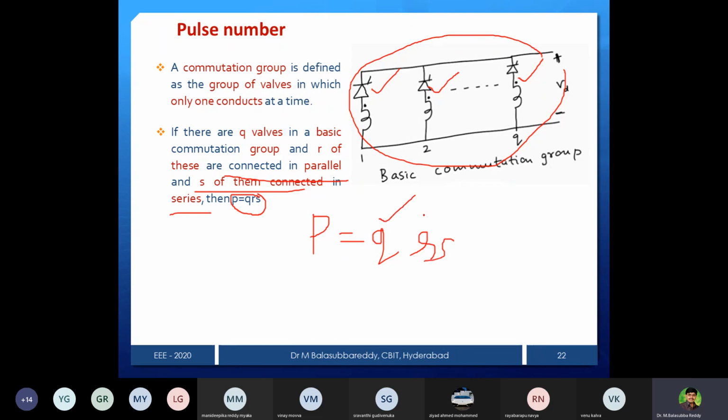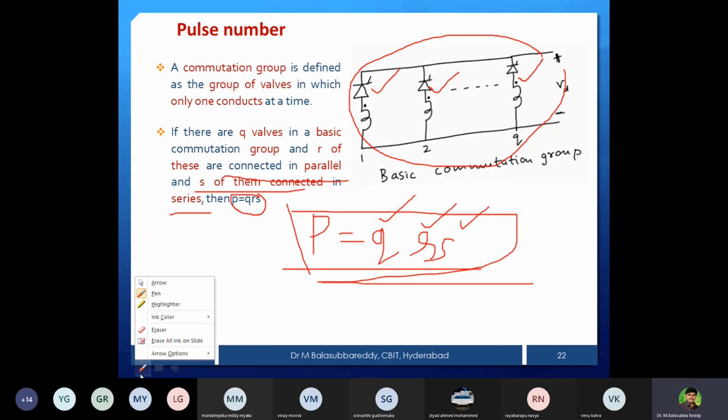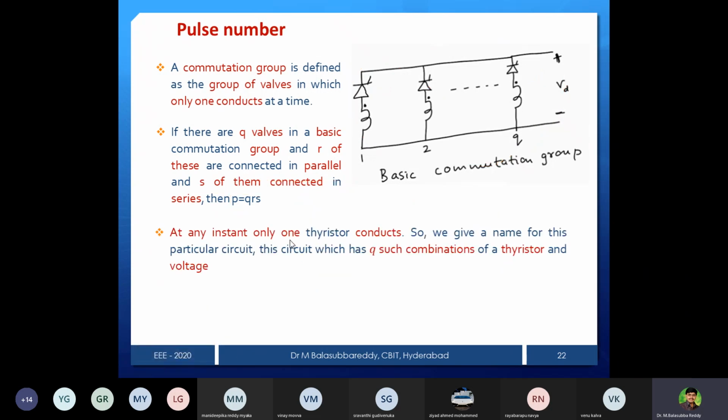So q is the number of valves, r is the number of these basic groups connected in parallel, and that many basic groups connected in series is s. Therefore, if we know the number of pulses in a particular system, we can represent it this way: p equals qrs. That is how we represent the pulse number.